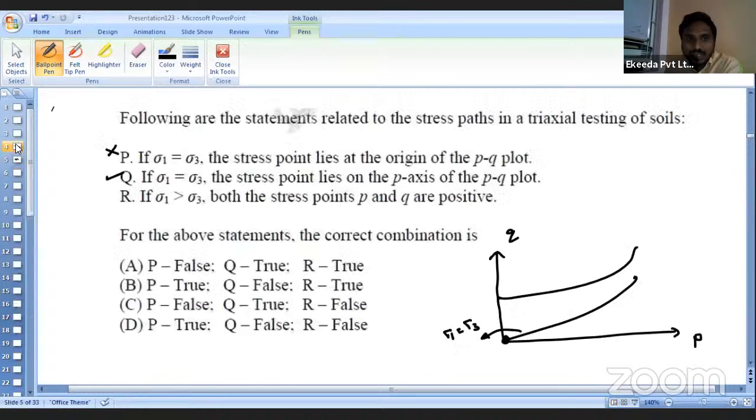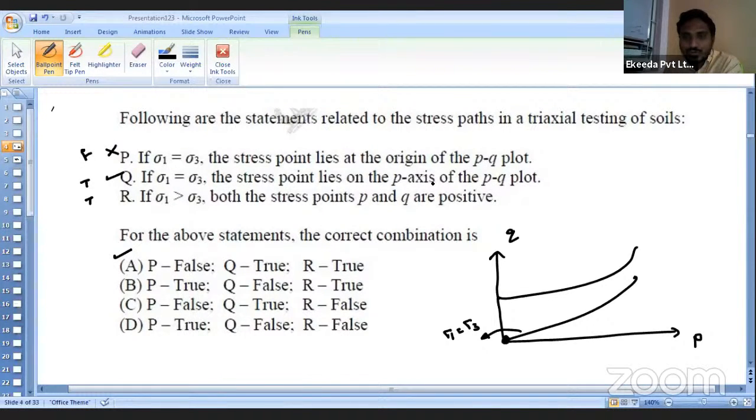So we can conclude that the P statement is false, the Q statement is true, and the R statement is true. If we see all the options, the option matching all of these is the correct answer for this question.